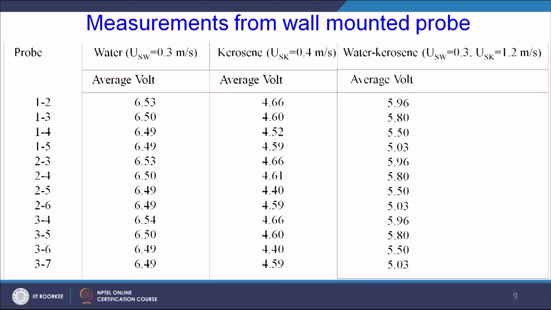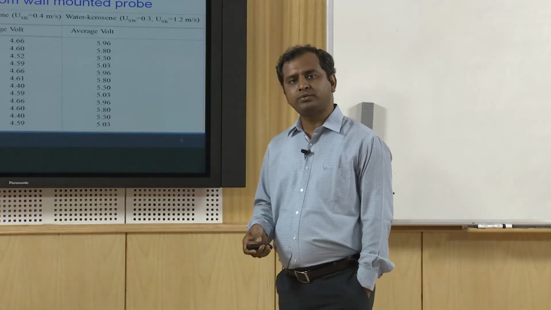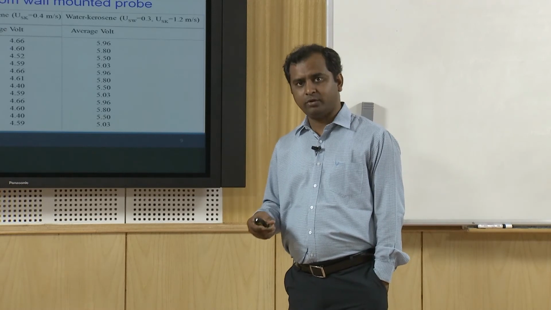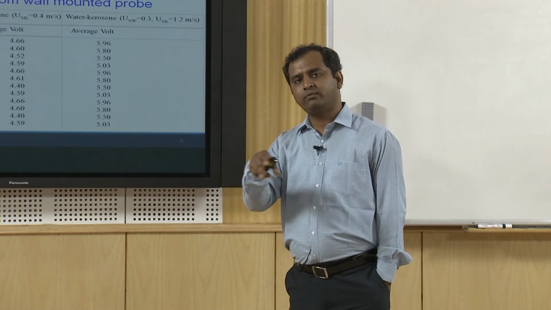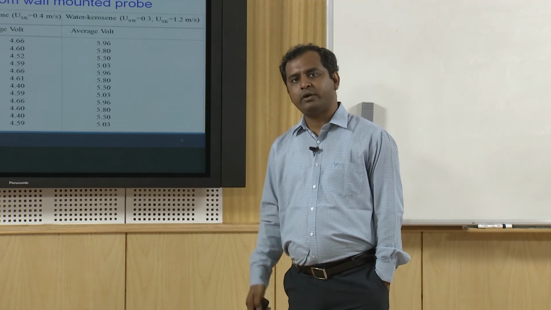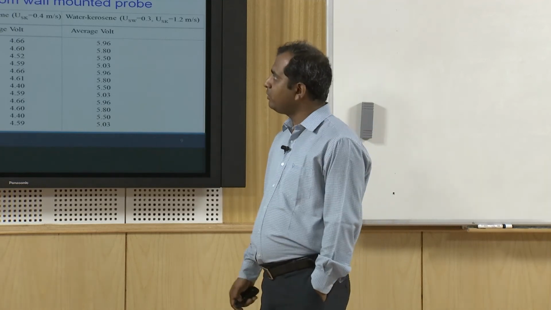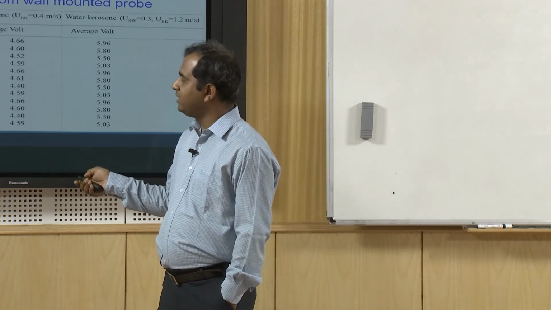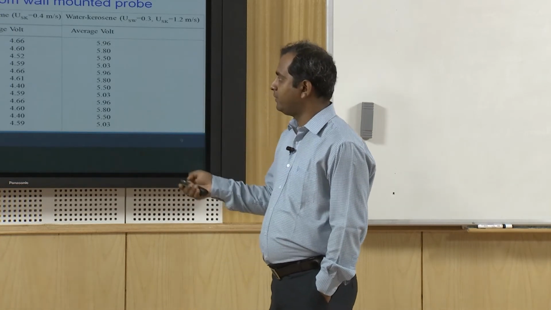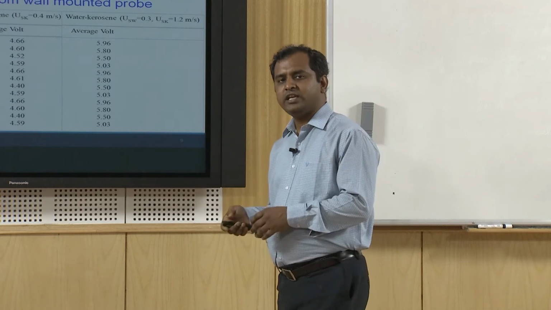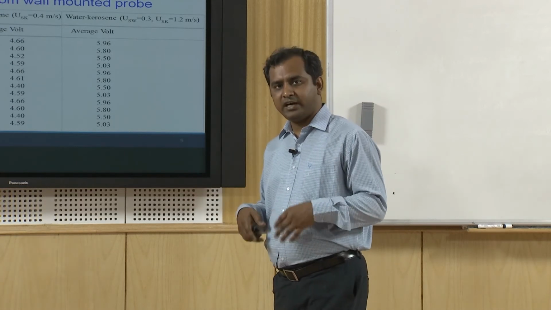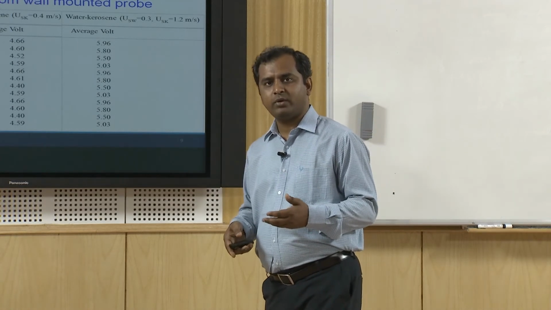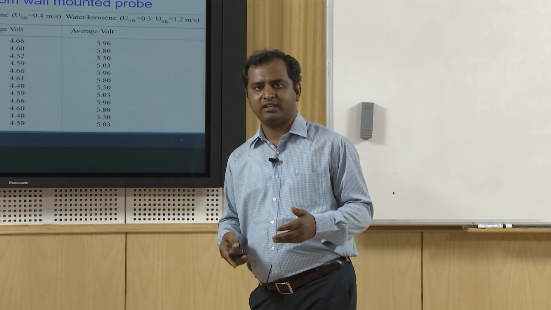Though all the probes are connected with the wall interface, and we know that in core-annular flow the water will obviously adhere to the wall, still the signal we obtained is not equivalent to the water signal. It lies somewhere in between. So, using this type of signal, we can predict whether we have core-annular flow inside the pipeline or not.